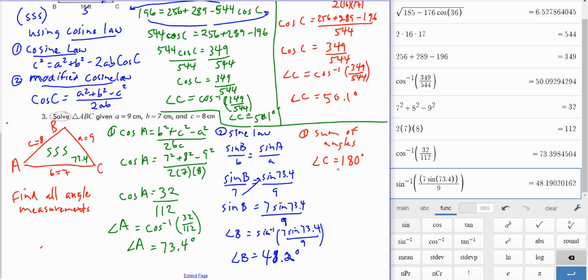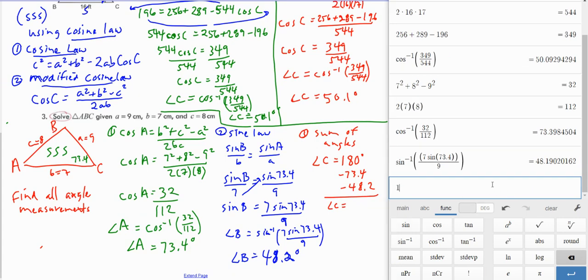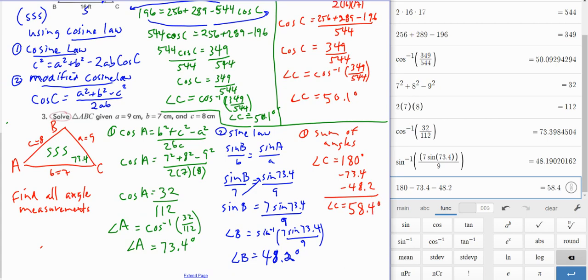Pardon me here, we're running out of space, so I'm writing it a little bit breaking the rules here. But basically angle C is going to equal 180 minus 73.4 minus 48.2, and we have 58.4 degrees. Okay?